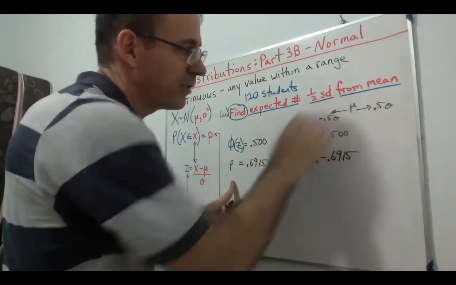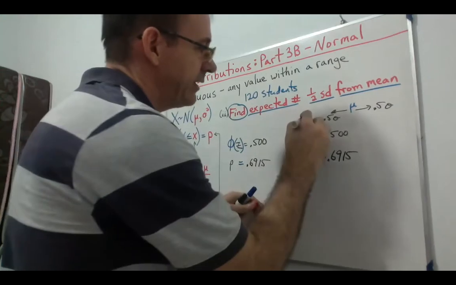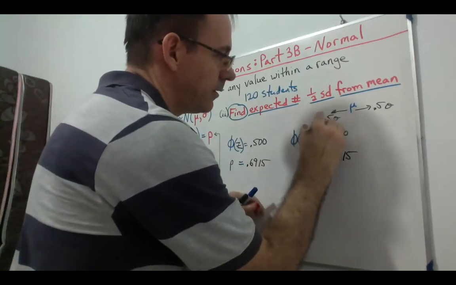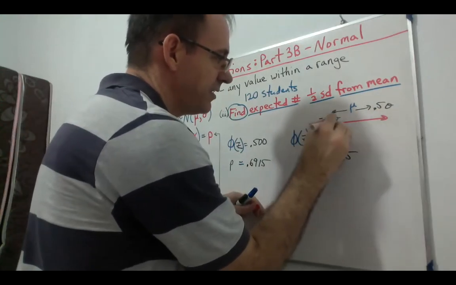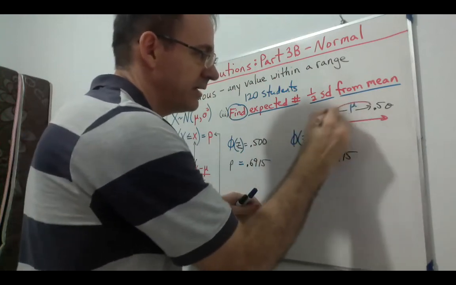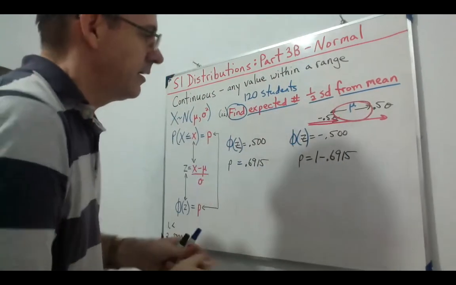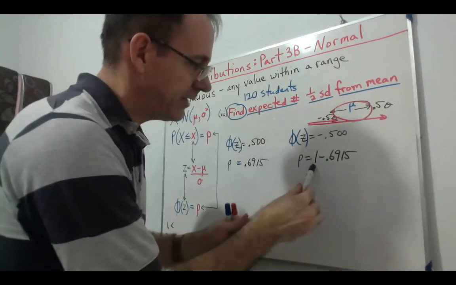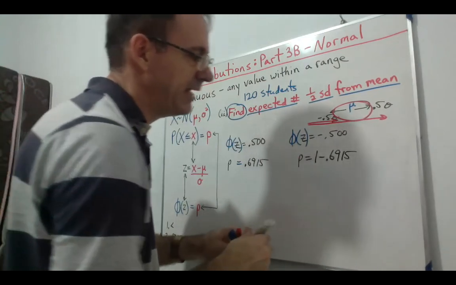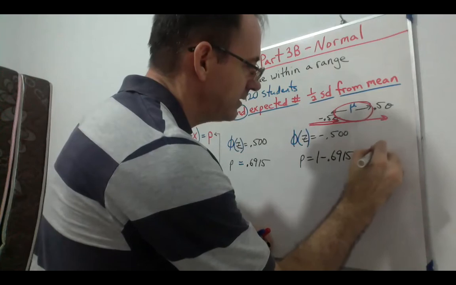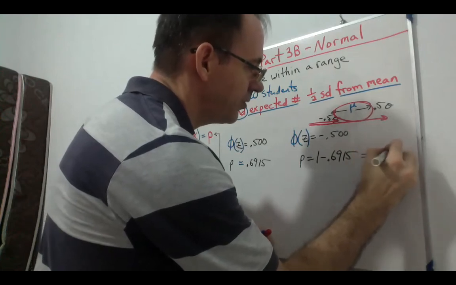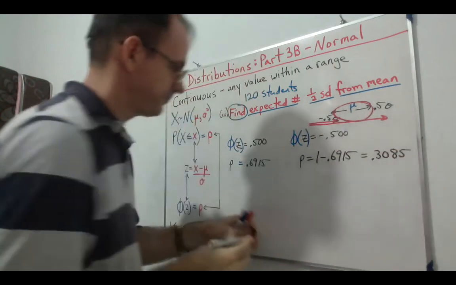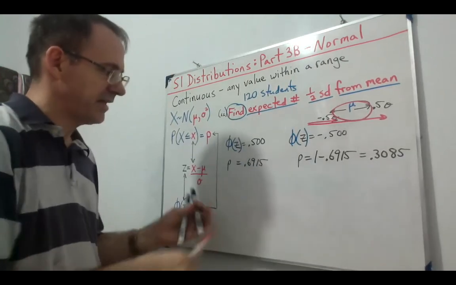Again, we're looking for between, so that means we need to do the large value minus the small value to get the in-between value. So this one here, because we had to do the 1 minus because it was negative, gives us 0.3085. So now we can take these two.